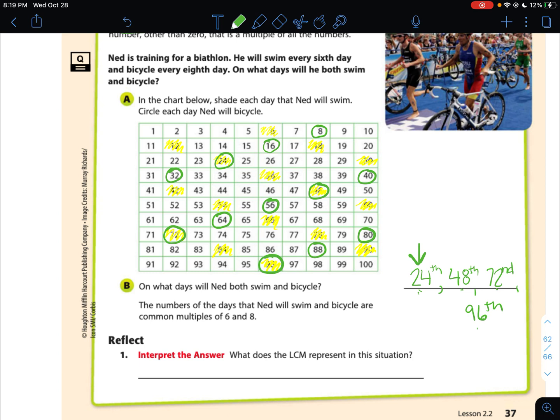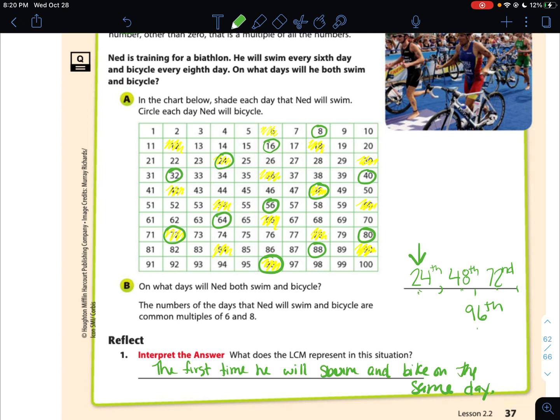The answer to this question is simply that it's the first day or the first time he will swim and bike on the same day. It's the first time he does both. So it's the least common multiple.